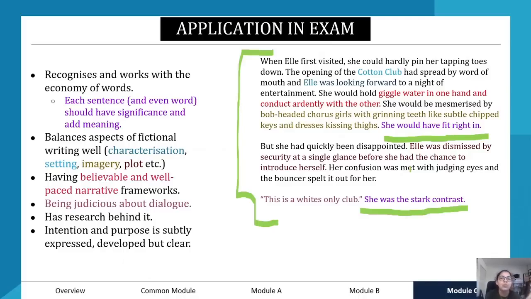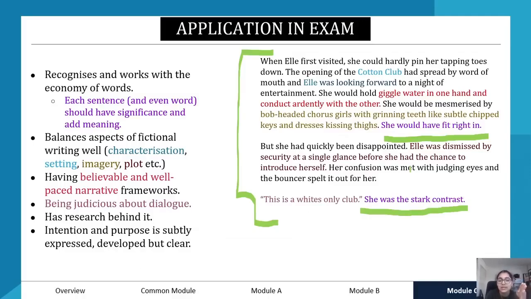That would not have worked. So even if this piece was to continue, it would follow on from where the bouncer said it's a whites club only. Being judicious about dialogue is really, really important. Don't overdo dialogue. Be judicious about it. Use it where it's going to have an impact.